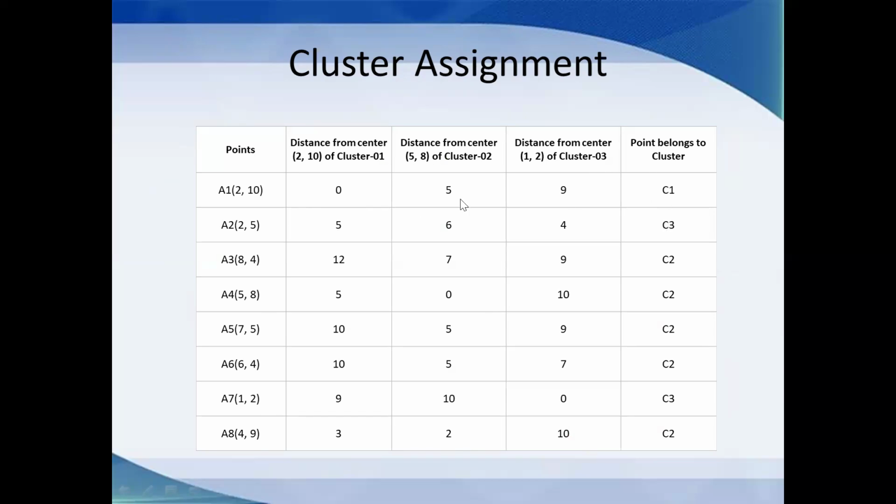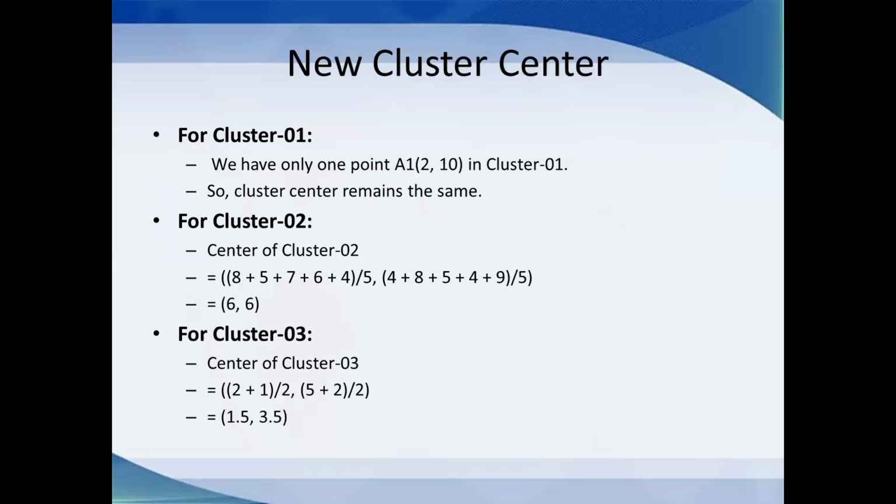So based on the closeness, the minimum distance, the cluster will be identified for the point. So the point will be placed in the cluster which is very close to the point. See, after the formation of the clusters, the mean is calculated, and the mean values will be used to update the cluster head or centroid.